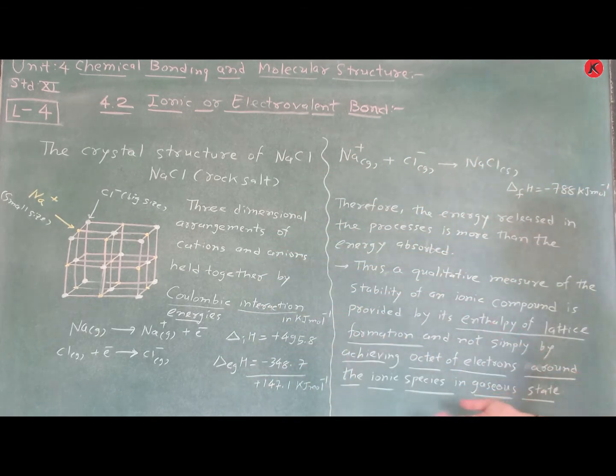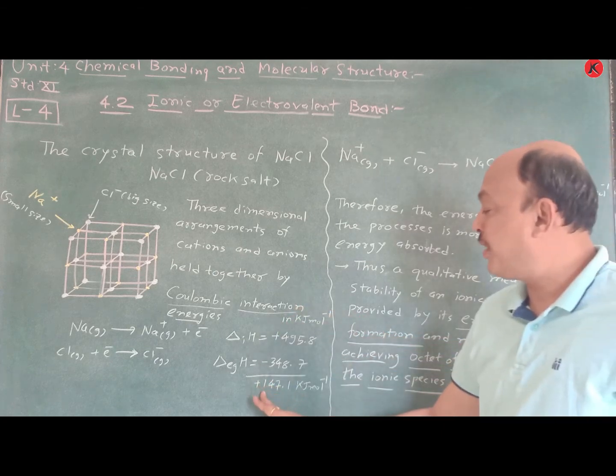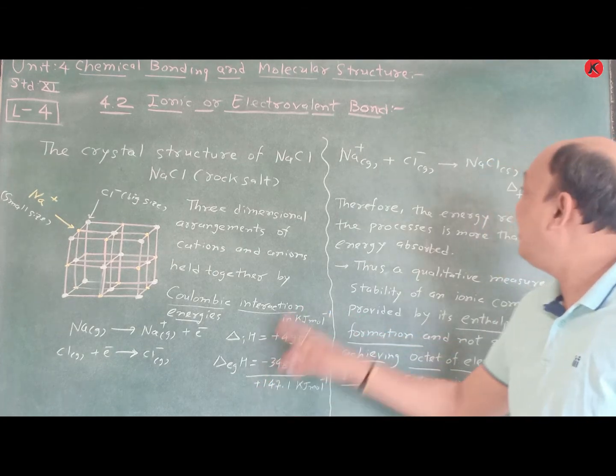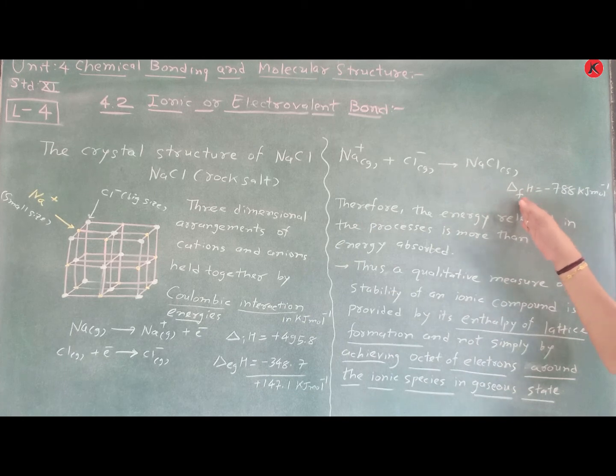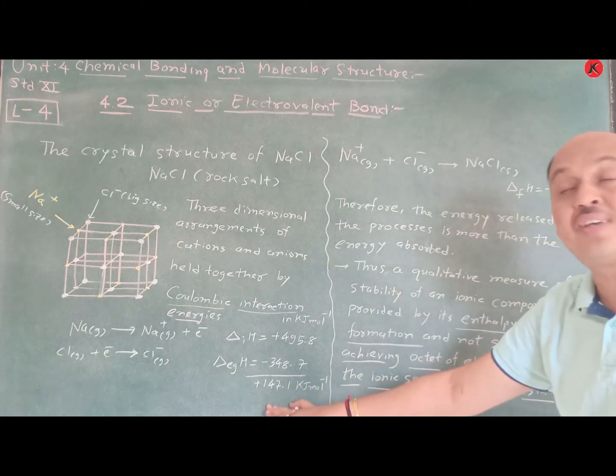If you understand this, you see the total of this is plus 147.1, and here delta H is the lattice enthalpy of formation of NaCl in solid form. It is minus 788 kilojoule per mole. So this value is more, obviously, and the other value is very small.